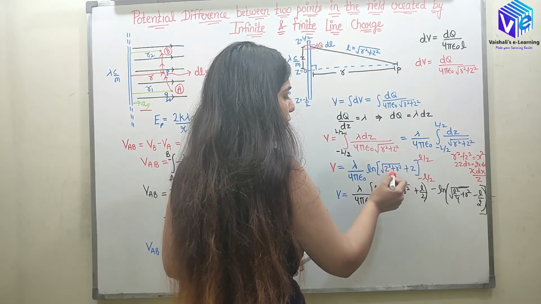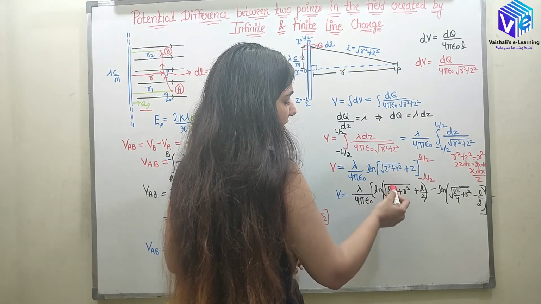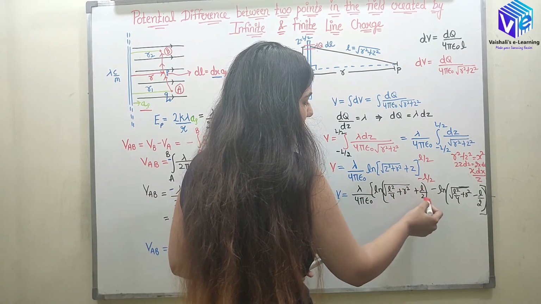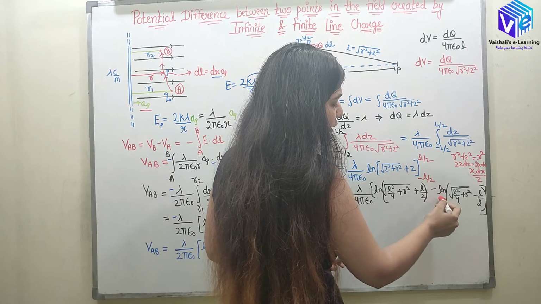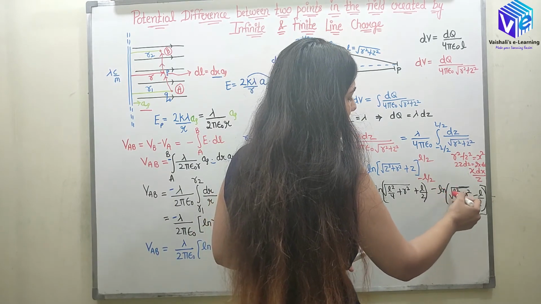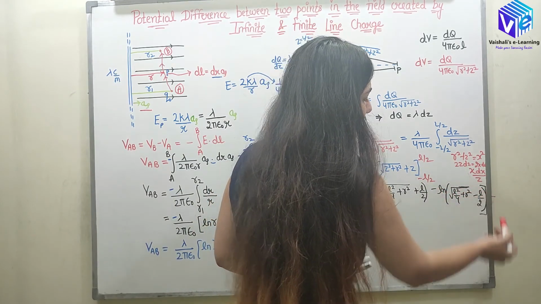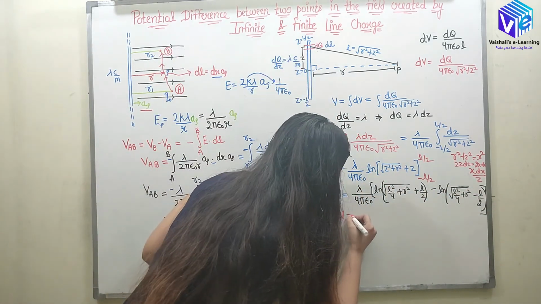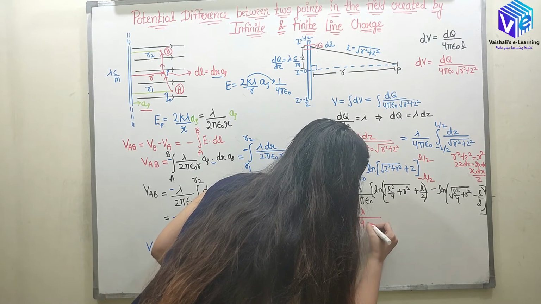So when I put L by 2 here, Z square will be L square upon 4 plus R square, and plus Z will be plus L by 2. I have to subtract the lower limit, which is minus ln under root L square by 4 plus R square minus L by 2. So ln A minus ln B. We know this formula. It will be ln of A upon B.